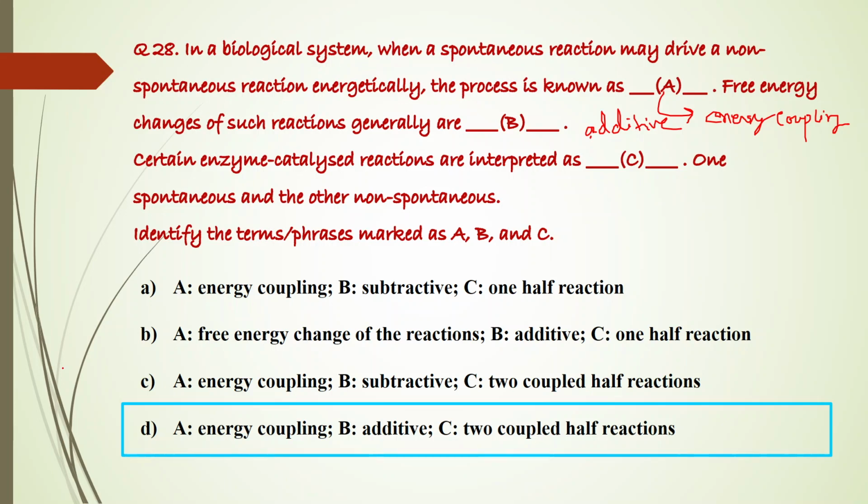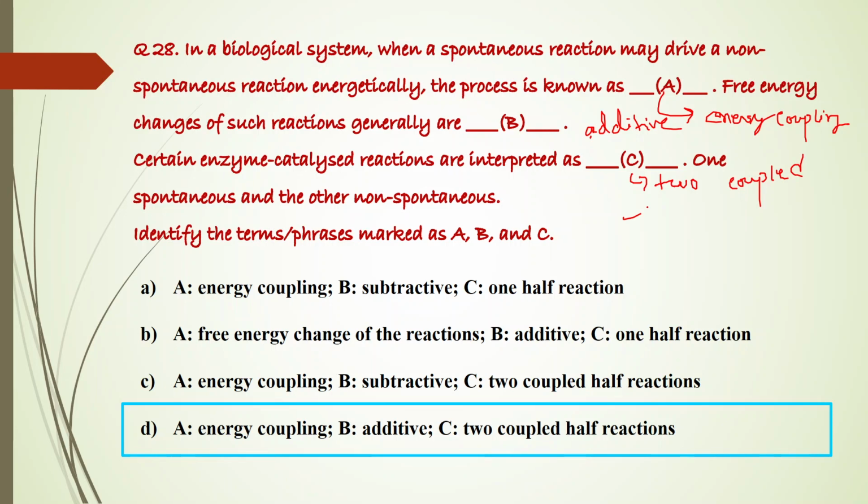In those cases you add those half reactions and get your full conversion. So two coupled half reactions in case of certain enzyme catalyzed reactions can be done to get the overall spontaneous reaction. So they are known as two coupled half reactions. Okay. So this C is your two coupled half reactions.